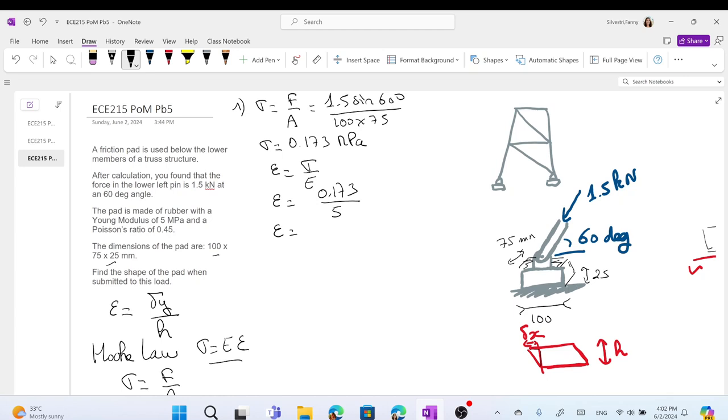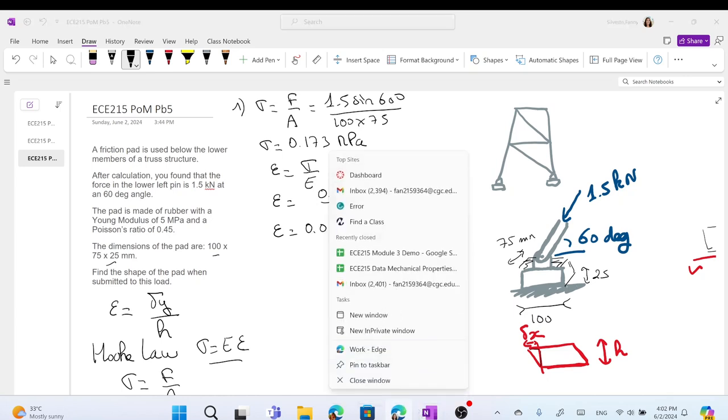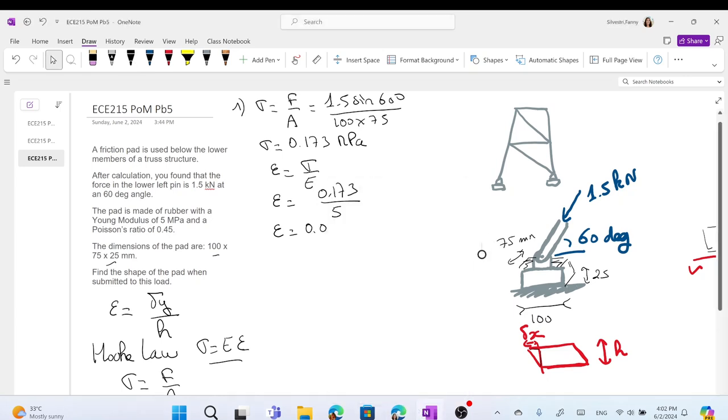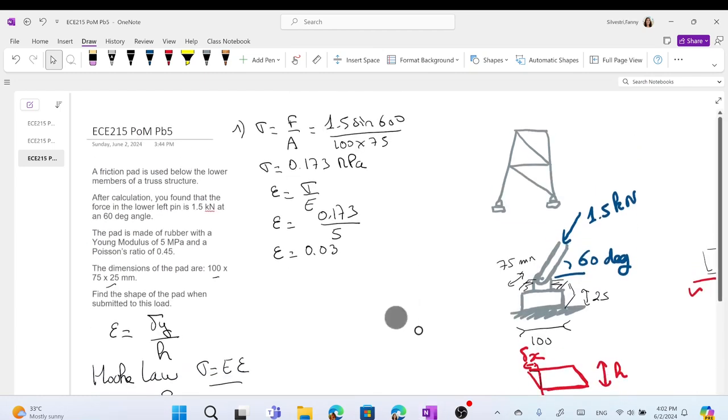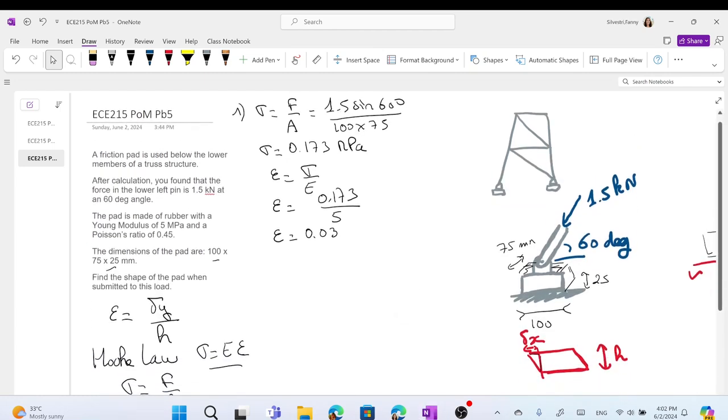Yes. So this is 0.0346, or 4.6 millimeter.